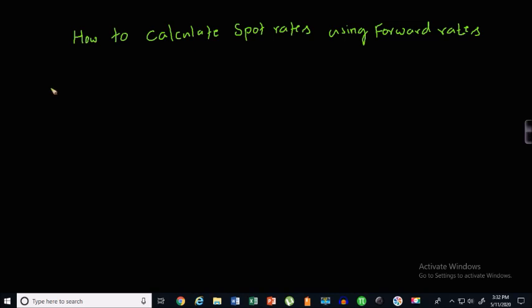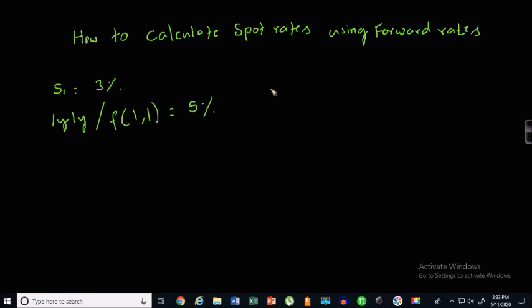So now let's assume that the 1-year spot rate is equal to 3% and 1y, which is the forward rate 1 year from now for 1 year, can also be written as f1, let's assume this is 5%.